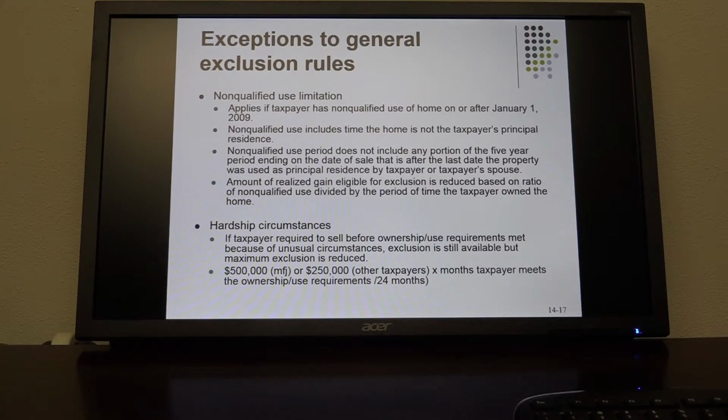It just says that if you're moving because of employment circumstances, the taxpayer's new place of employment must be at least 50 miles farther from the residence that is sold than was the previous place of employment.